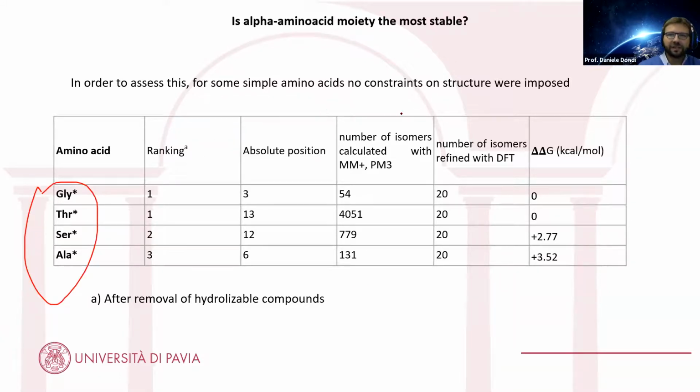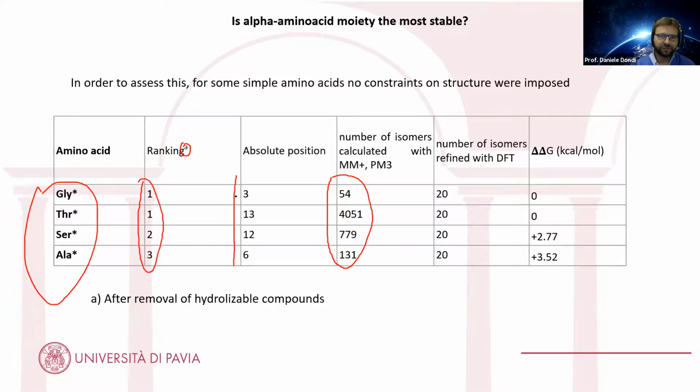We think, okay, is it true that the alpha amino acid moiety is the most stable? So we calculate, you see this number of possible isomers. And then we see something strange because the ranking, that is the position of this amino acid in terms of stability, is among the first.